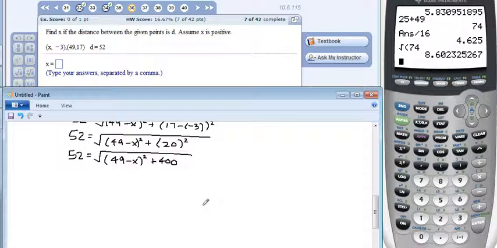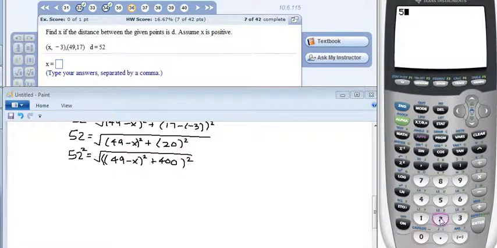If I squared both sides, I'd be at least getting rid of my radical, because the square root of a square is itself. So let's see what 52 squared is. 52 squared is 2704.